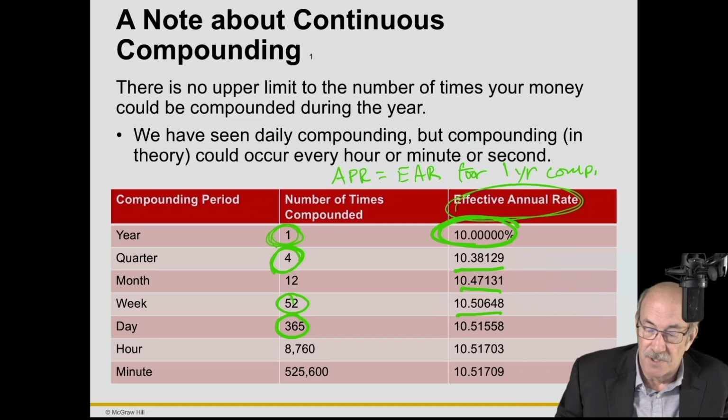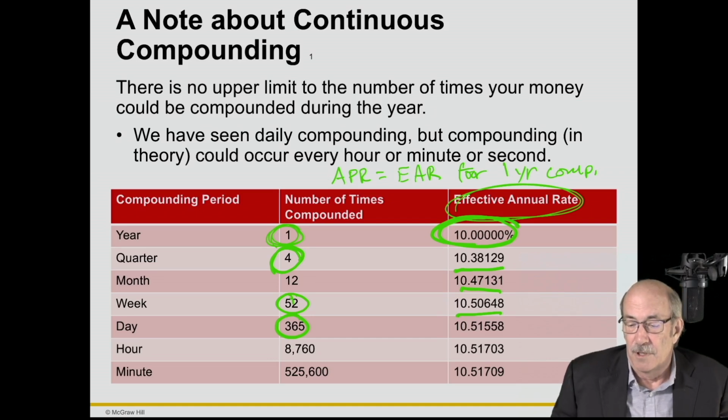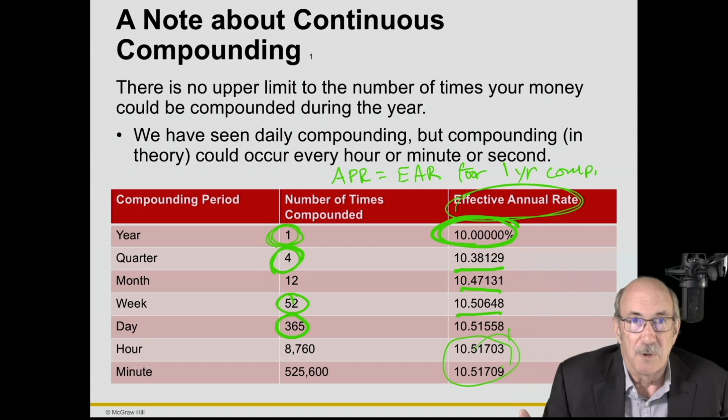Daily, notice that this is slowing down though, right? The yearly to quarterly, we had a big jump, and then quarterly to monthly, a little bit smaller. Monthly to weekly, smaller yet. Weekly to daily, even smaller. Daily to hourly, smaller still. And almost no difference between hourly and by the minute. We could do it by the second.